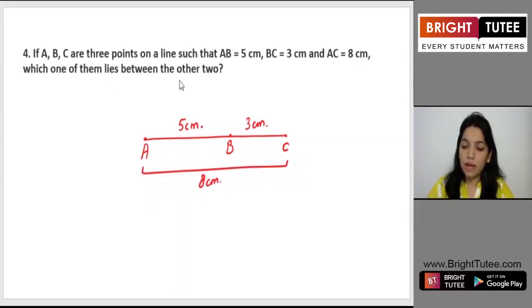Which one of them lies between the two? So clearly what you see in front of you are 3 points that are lying on a line segment. So just by looking at the image, can you tell me which point is lying in between the 2 points?